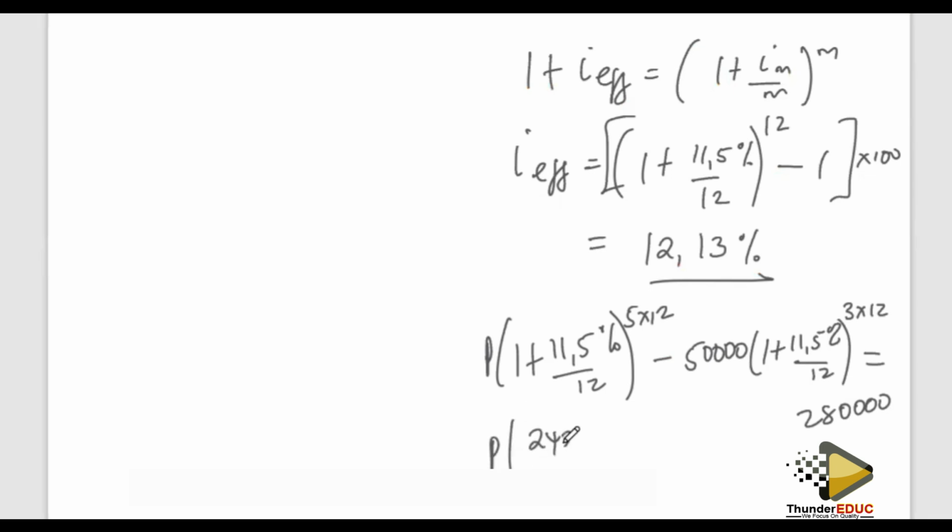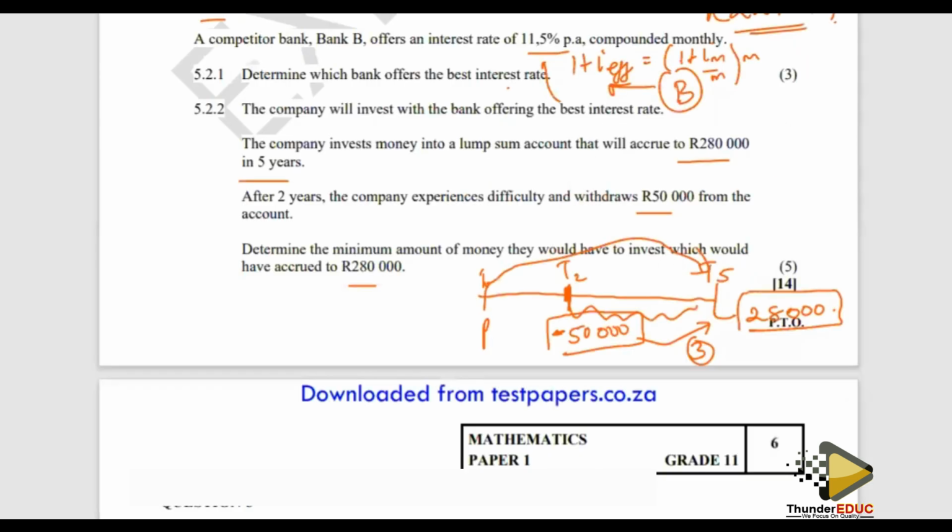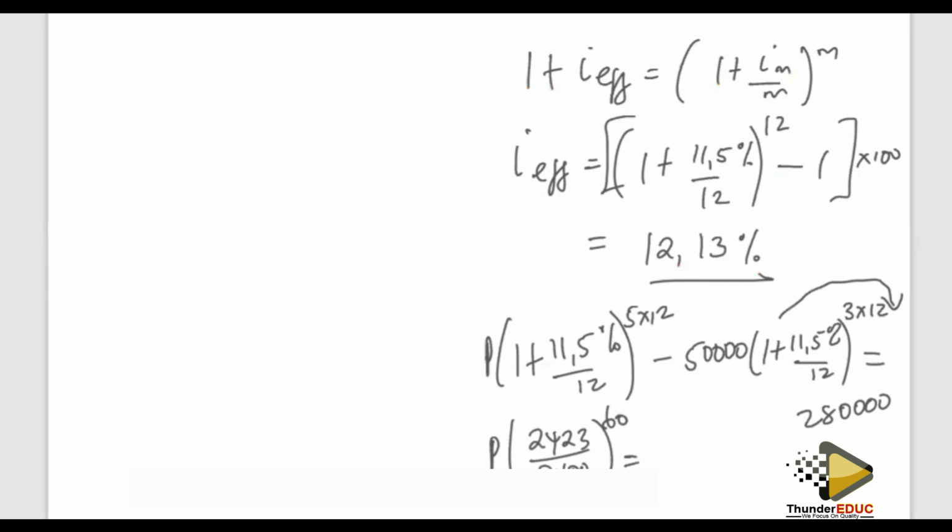That's 2423 over 2400 to the exponent of 60. I'll just move this whole thing to the right-hand side, which is going to be addition. Okay, 280,000 plus 50,000.